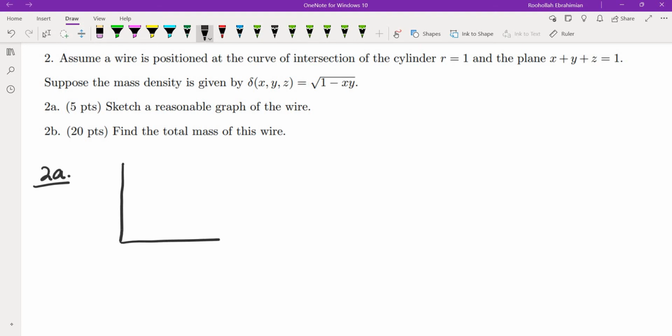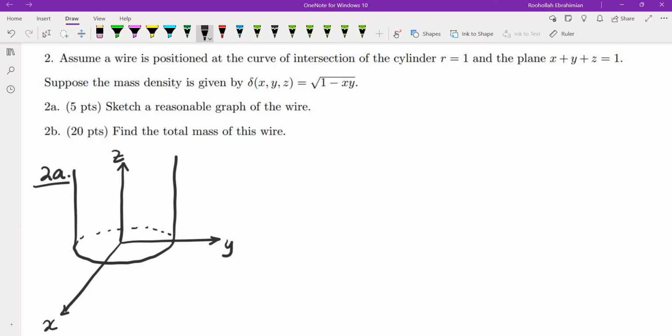So r equals 1 is going to be a cylinder with the z-axis as its axis. And then we have a plane, like a tilted plane. For the intersection, we know that the point (1, 0, 0), which is on that cylinder, is on that plane, and so is the point (0, 1, 0).